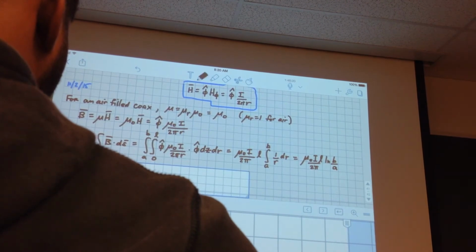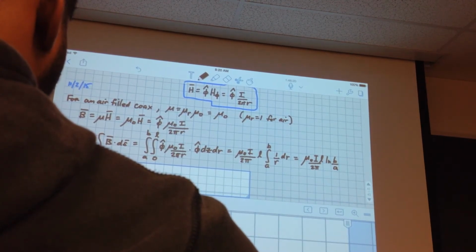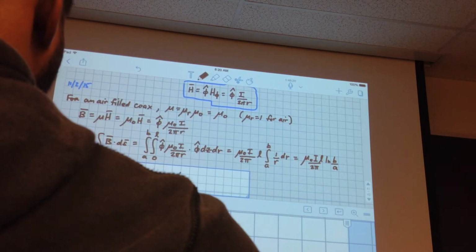Now for our infinitely long coax, what's maybe more useful for us, if we go back to chapter 2, is the inductance per unit length. So that is going to be L prime, the total inductance normalized by the length of your coax.